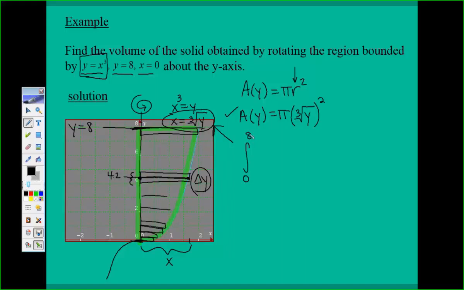And then our area, I'm going to pull the pi out front, and I'm going to rewrite this as y to the 2/3 power, and then times our dy. And there's our integral to find the volume.